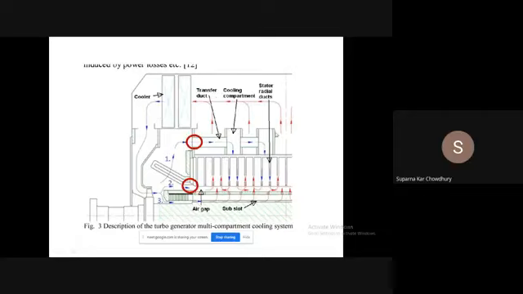The advantage of using hydrogen as a cooling medium is that its thermal conductivity is 7 times that of air, but its density, as we know it is light, is 0.07 times that of air. The specific heat is 14 times, and its heat transfer is about 1.5 times that of air.